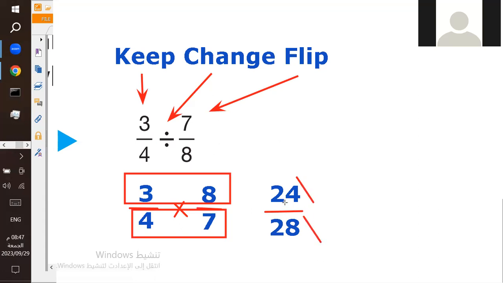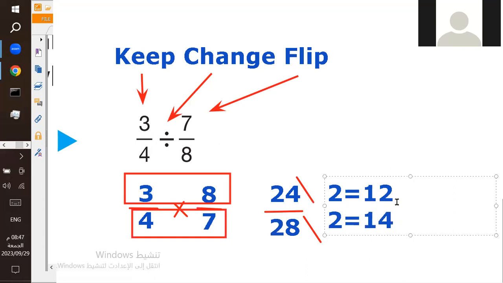Or you can divide by 4. I'm sorry, divide by 2 first. Divide 2, divide 2. And it's going to be 12, and this one's going to be 14. And then we're going to divide by 2 again.